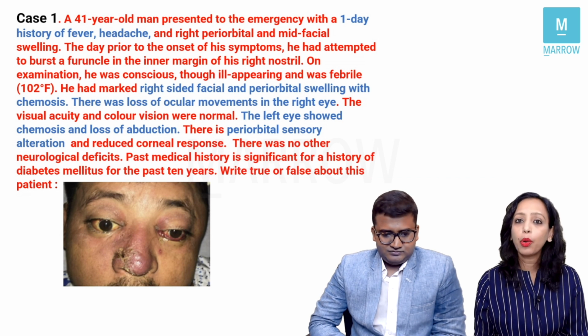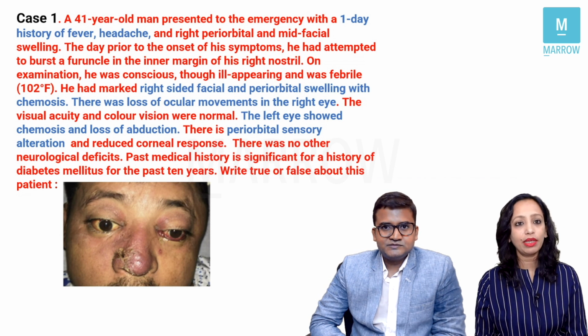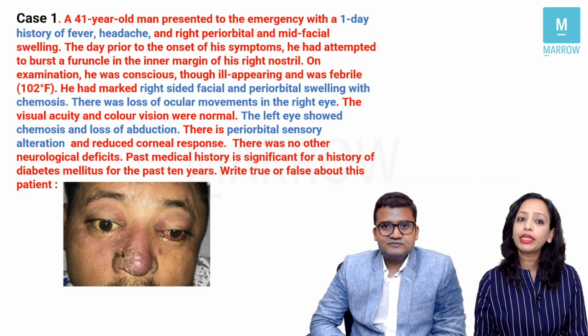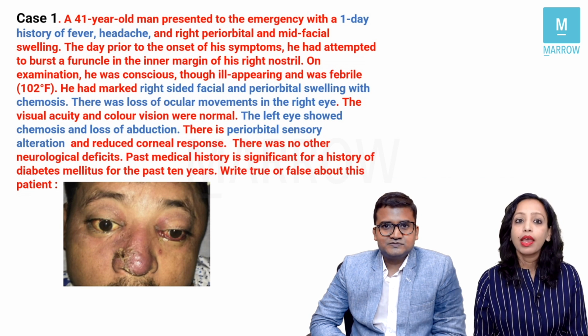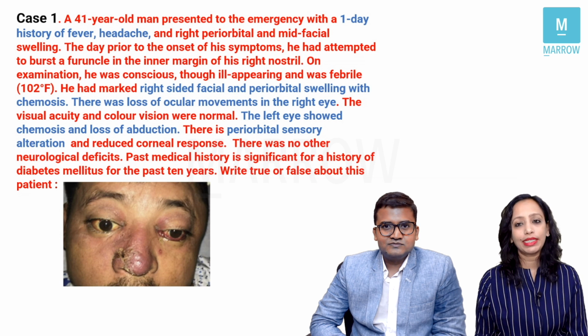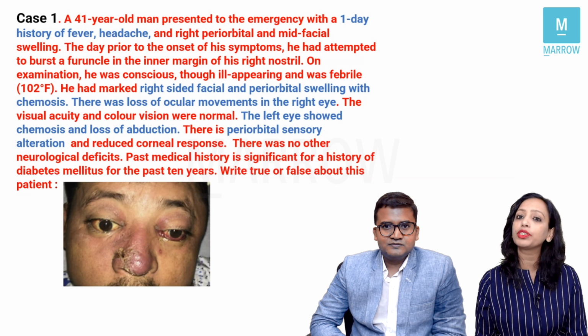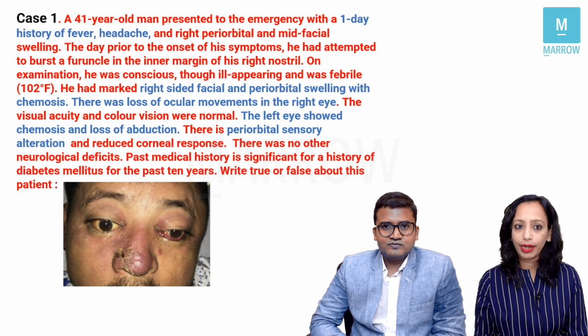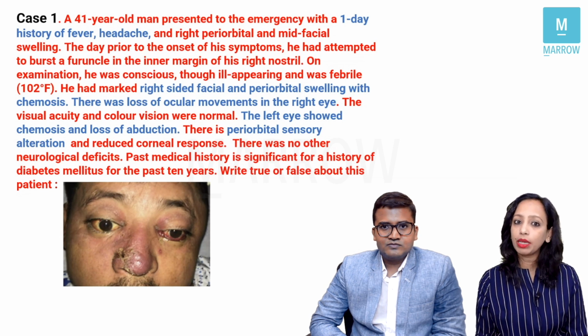A 41-year-old man presented to the emergency with a one-day history of fever, headache, and right periorbital and midfacial swelling. The day prior to the onset of his symptoms, he had attempted to burst a furuncle in the inner margin of his right nostril. On examination, he was conscious, though ill-appearing, and was febrile. He had marked right-sided facial and periorbital swelling with chemosis.